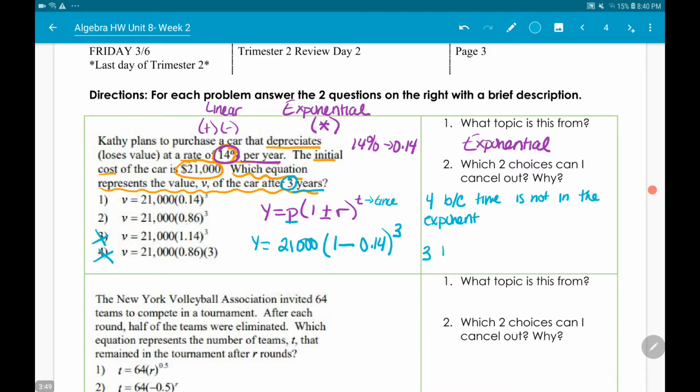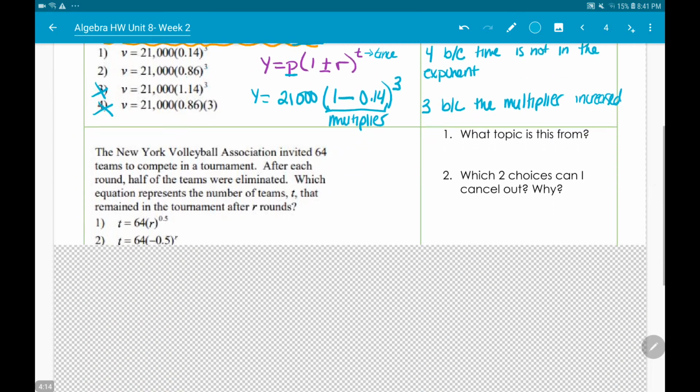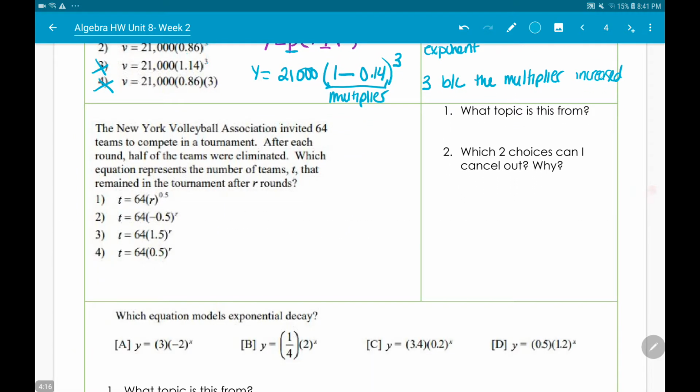We're eliminating 3 because the multiplier, which is this middle value here, increased instead of decreasing. And then from there, you guys can figure out the right choice, but eliminating 2 gives us a much better shot.